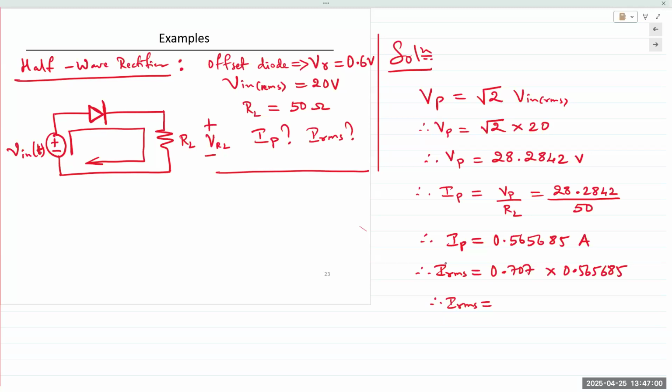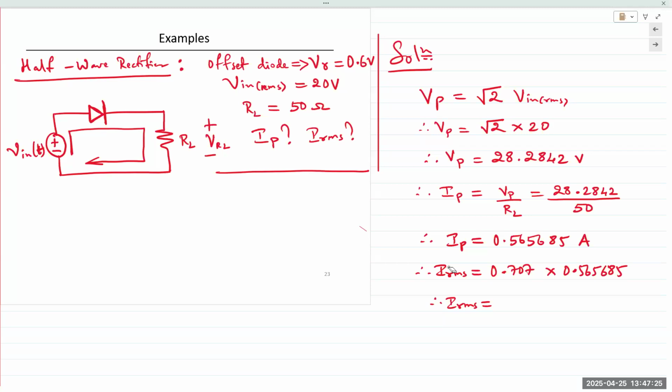So if I'm understanding you correctly, you're saying when we find the DC or the average value of the waveform, we are dividing by 2 because we are accounting for the half cycle. So how come we don't do that for the RMS? And that's why we are using two different things. For RMS, we do not divide by 2 because we are not describing the waveform as peak to peak.